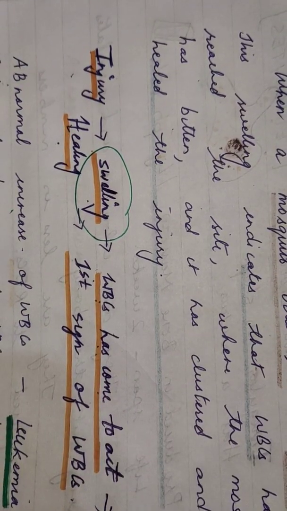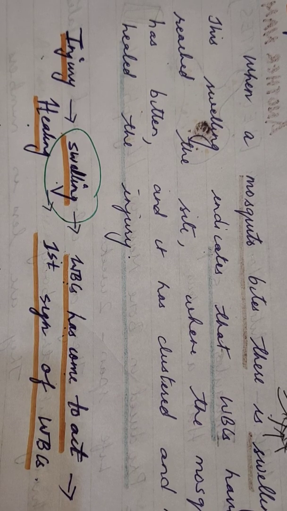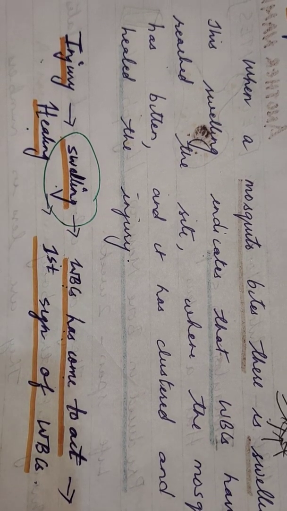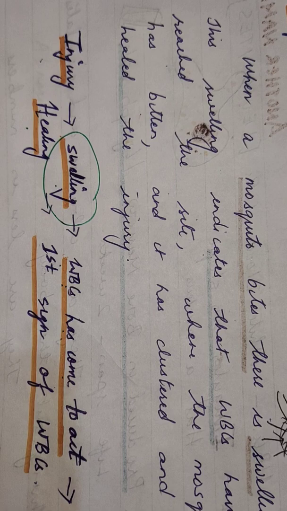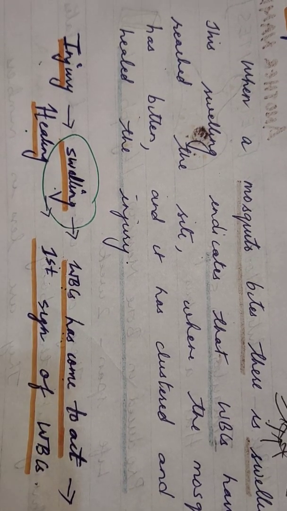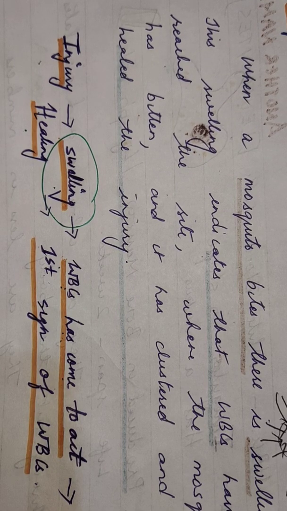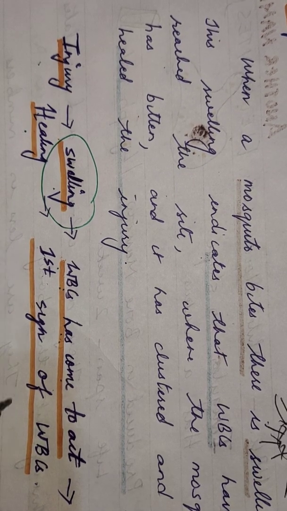So any injury that you have, okay, whenever you have an injury, and if there's a swelling, this swelling will indicate that WBCs have come to act, meaning they have come to play a very important role. And when there's a swelling, that means a healing process has taken place, and that indicates the first sign of WBCs.